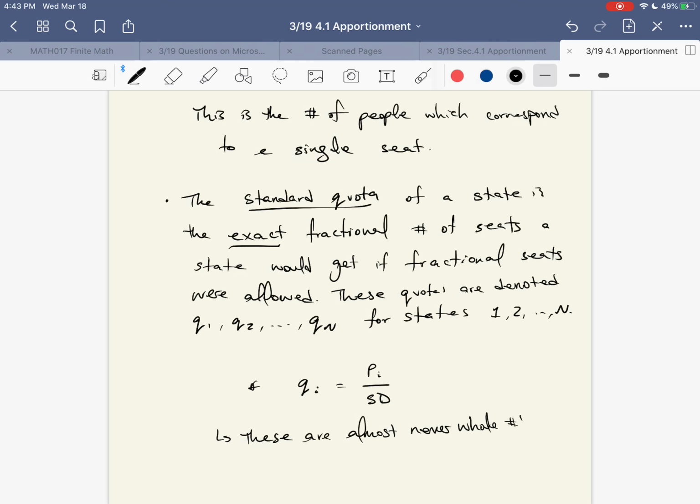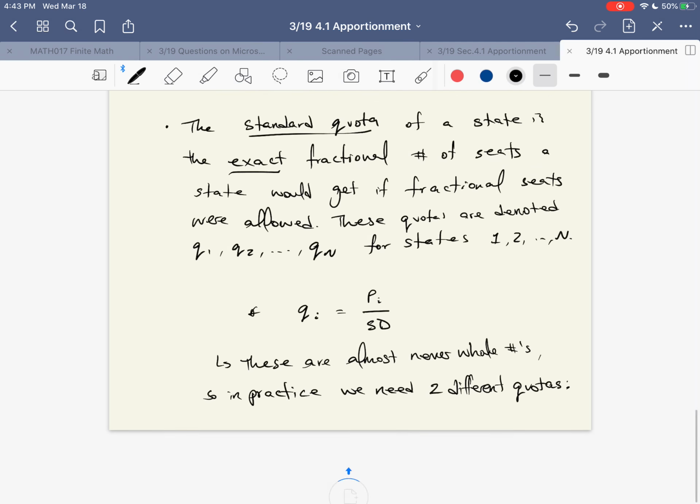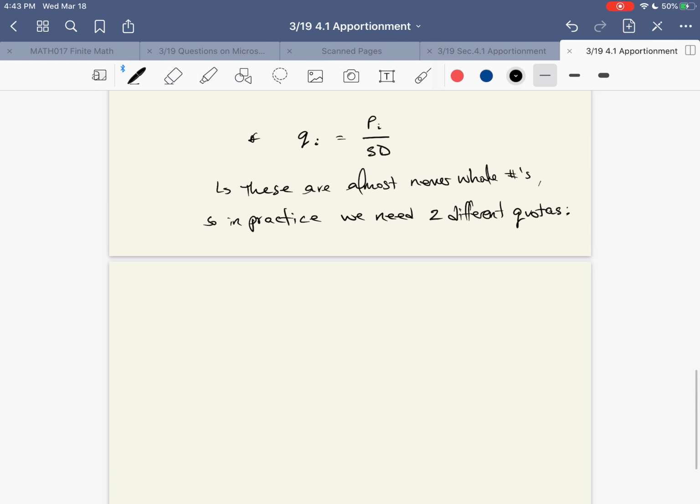And so in practice we need 2 different quotas. So the 2 different quotas we're going to talk about are the lower quota and the upper quota. And these are exactly what you might think.